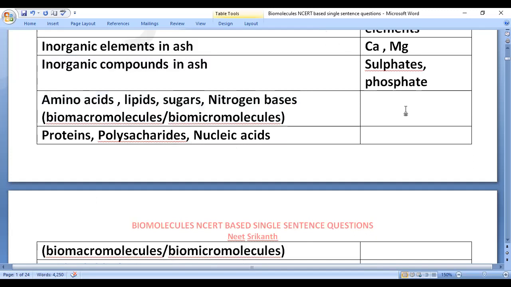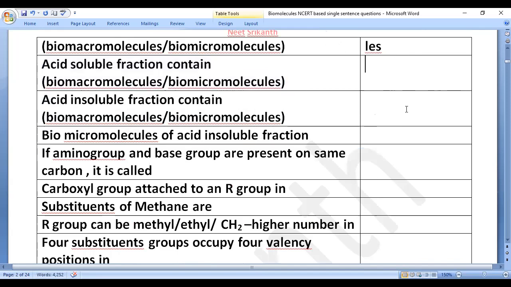Amino acids, lipids, sugars, nitrogen bases are biomicromolecules. Proteins, polysaccharides, nucleic acids are biomacromolecules. The acid soluble fraction contains biomicromolecules. The acid insoluble fraction contains biomacromolecules.